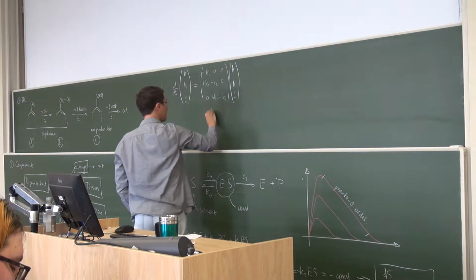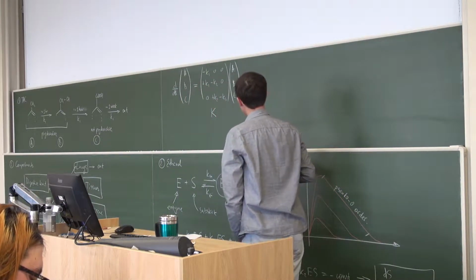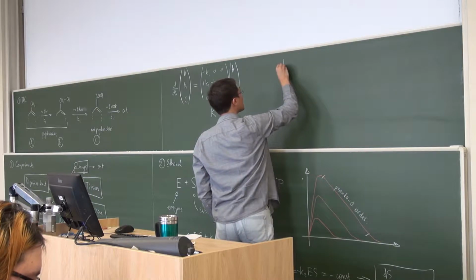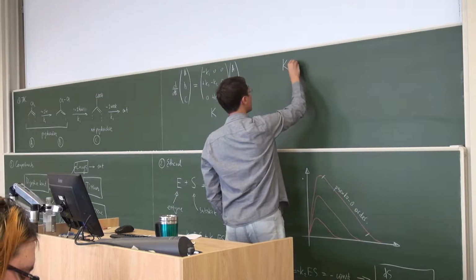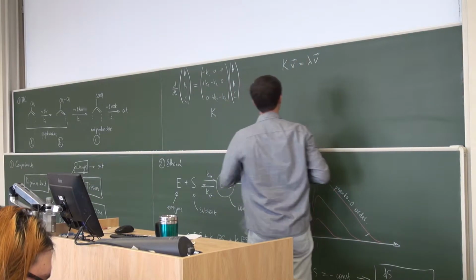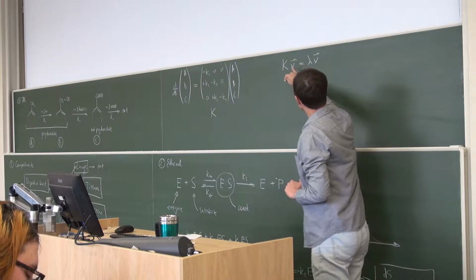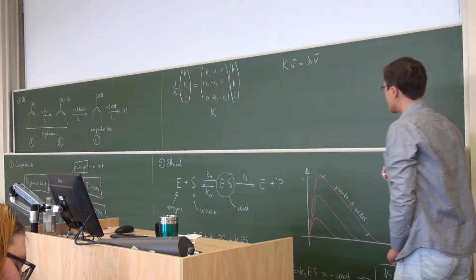This is K. What we want to know is which vectors and which numbers satisfy the following relation, where K is our matrix, B is some vector, and lambda is some number.